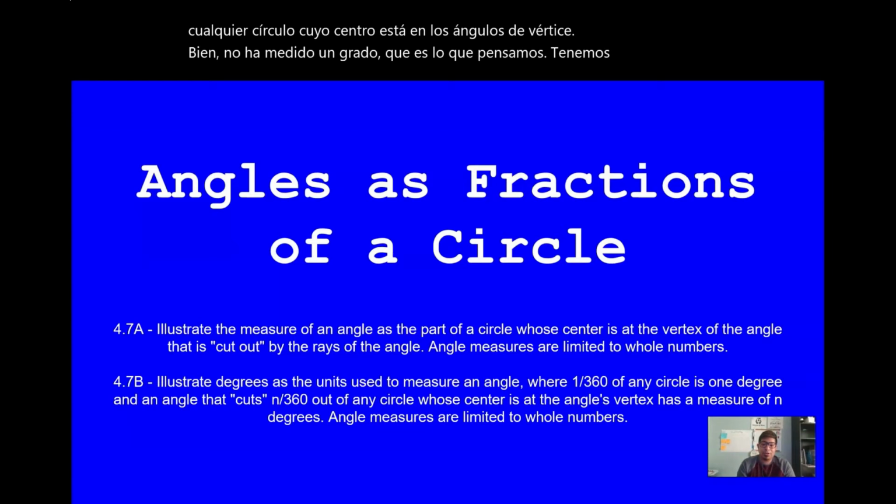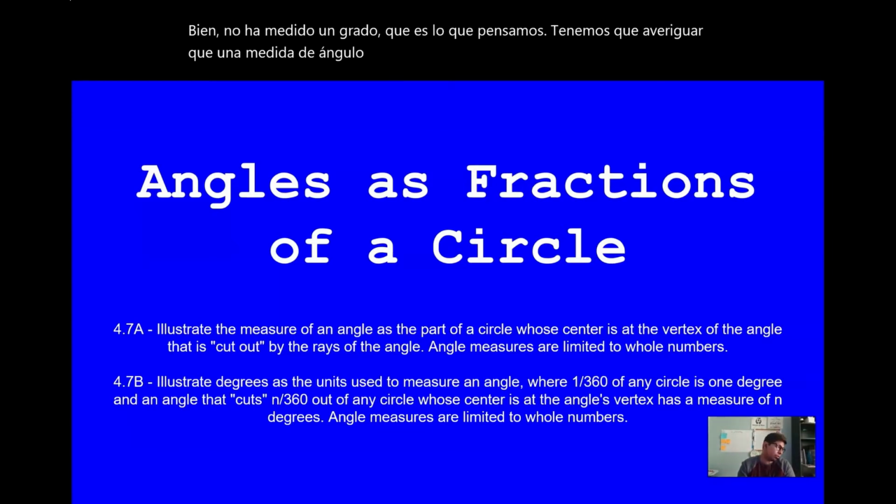And angle measures are limited to whole numbers. So that means we're only going to be using whole numbers.